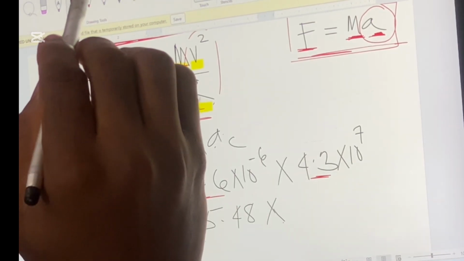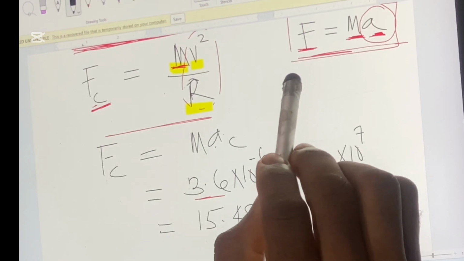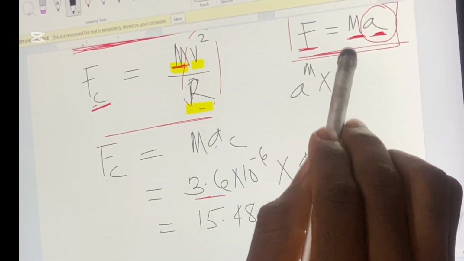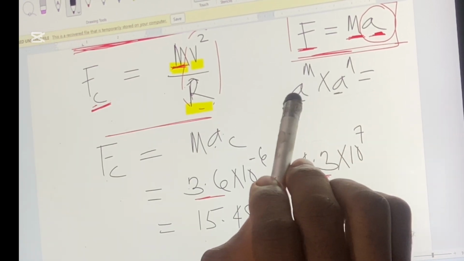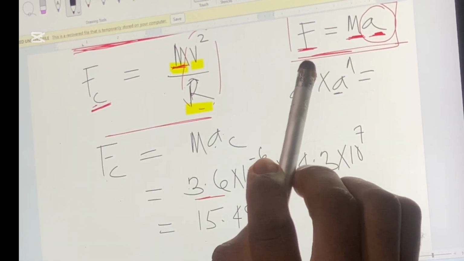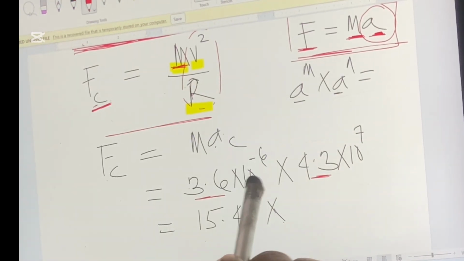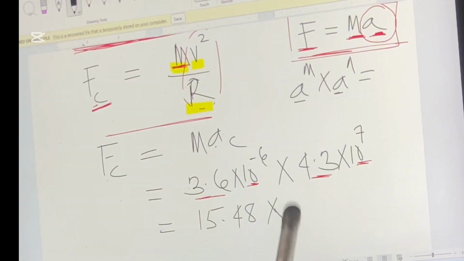I will use the law of indices. If you have a raised to the power of m times a raised to the power of n, when the bases are the same, you take only the one base and add up their powers. The same thing here, we have 10 and 10, I will take only one 10.